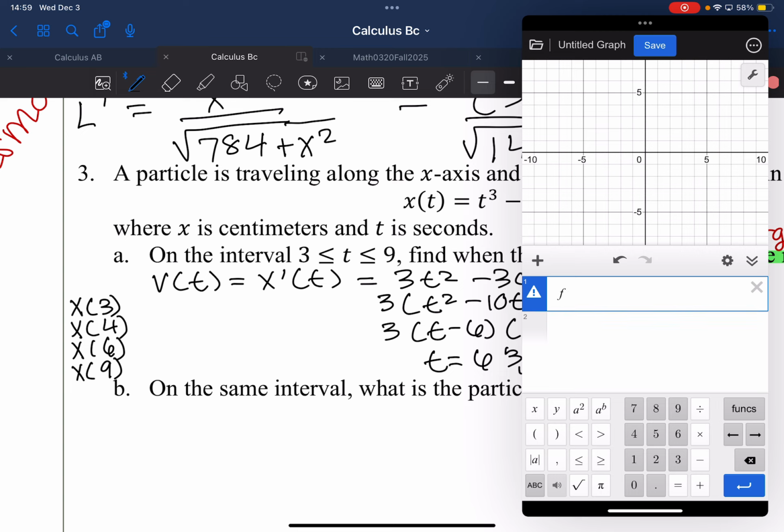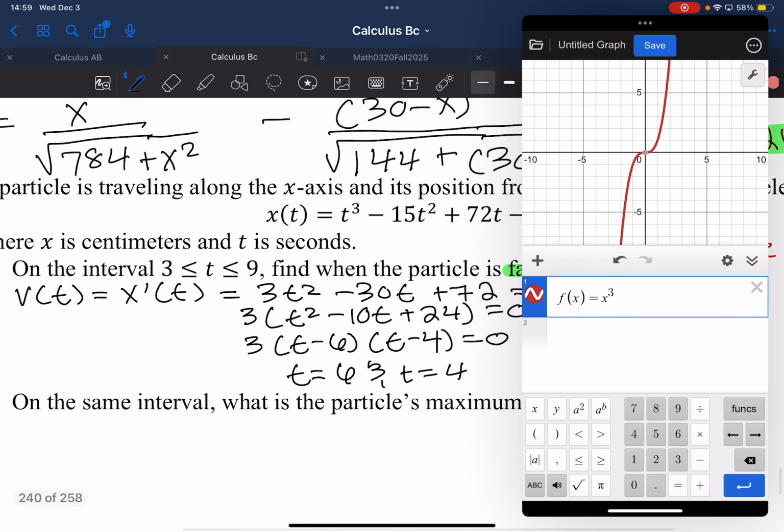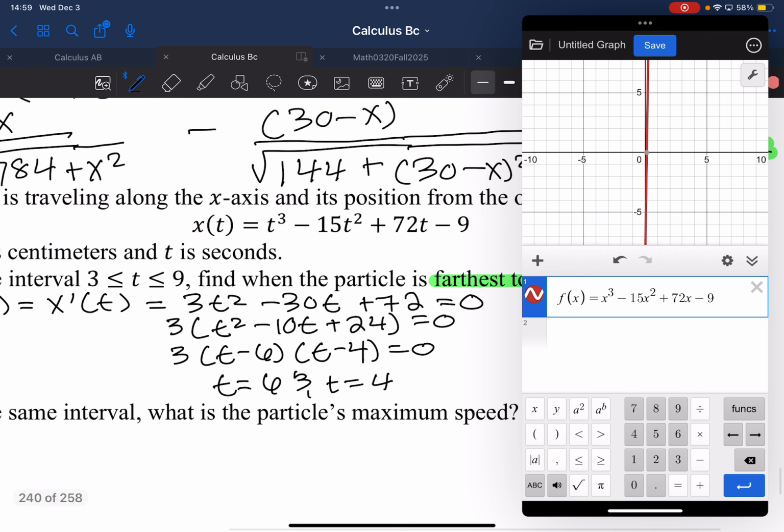I am just going to do f of x and replace it with all x. I don't want to keep going back and forth. Equals x cubed minus 15x squared plus 72x minus 9. Okay, so that's my function. I just replaced t with x.